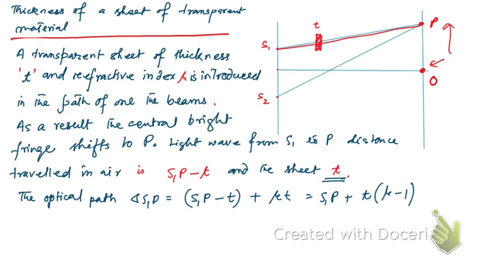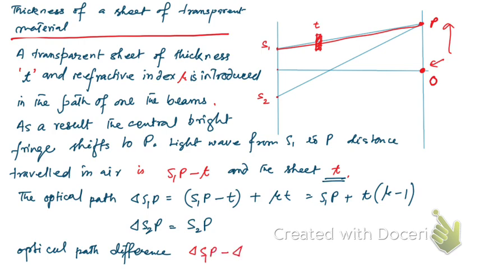Now the optical path covered by this wave from S2 to P is simply S2P. Now the optical path difference between these two will be given by delta, S1P minus S2P.